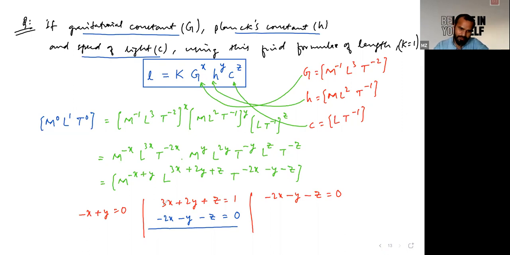On adding, it will become 3x minus 2x, x, 2y minus y would be plus y, and z would cancel out. So we're left with just 1. Now put this value in this expression.